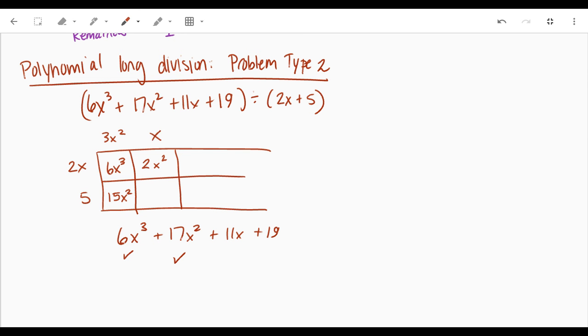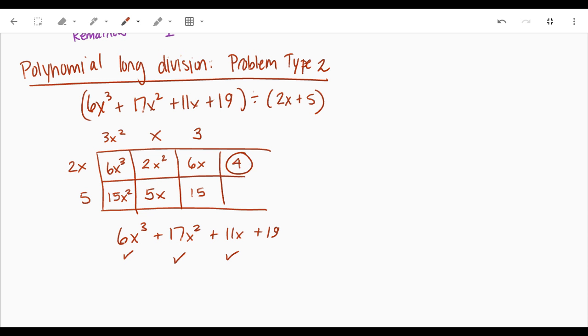May have to start another video here in a little bit. So then we have a 5x here. Our goal is 11x, so we need 6x. And then we've got our 11x, which means this has to be 3, which means we'd have a 15 here. Our goal is 19, so our remainder would be a 4.